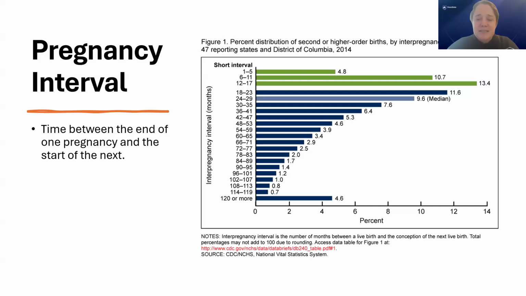And then the US CDC and the American College of Obstetricians and Gynecologists suggest waiting at least 18 months. You can see in the US that we're hovering really around those suggested time points, with the median being about 2 years and a lot of people with these different intervals between 1 and 2 years, it seems.